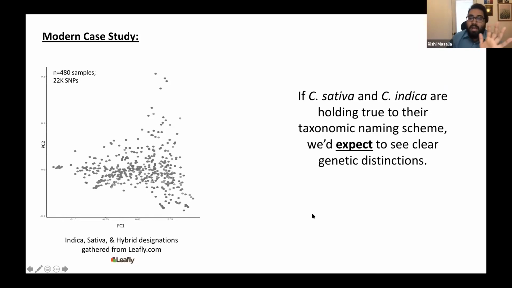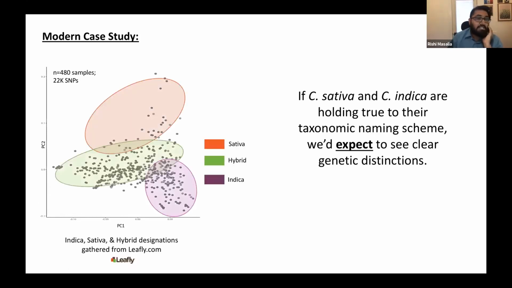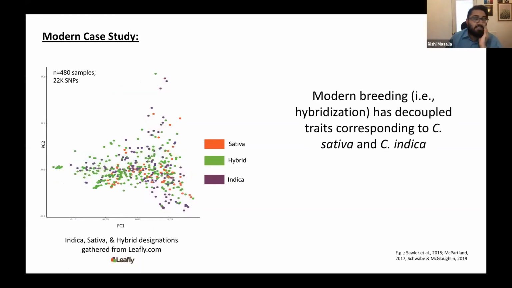Again, if cannabis sativa and cannabis indica were holding true to their taxonomic names, we'd expect their genetics, so where they fall on this plot, to cluster. So we'd expect to see something like this: a bunch of sativas clustering together, a bunch of hybrids in the middle, and a bunch of indicas clustering together. And when we actually look at the data, we find that it's just a cloud.